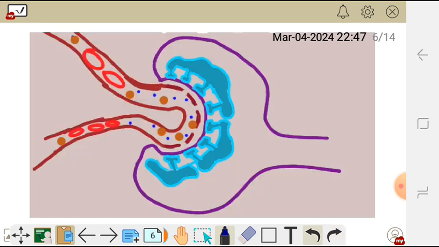Okay, and in focal segmental glomerulosclerosis, we said we had an injury in the podocyte, and that injury led to hyalinosis, that is deposition of hyaline in the basement membrane of the glomerulus, and the overall result was sclerosis, hardening of the basement membrane, and also we had effacement of the podocyte foot processes.